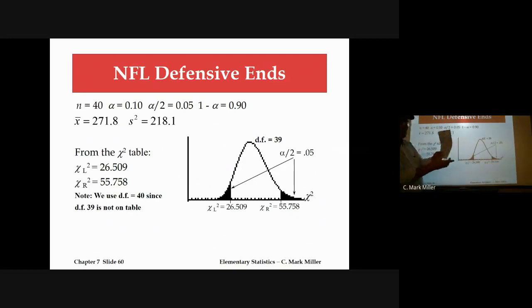Slide right over on that same line to 0.95 in the right tail, and I get 26.509 right there. That's where those two values come from.